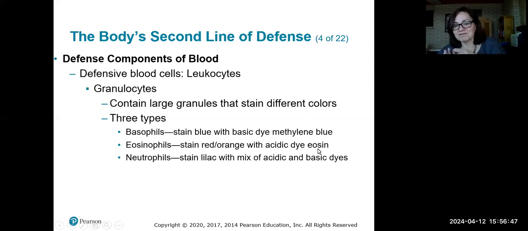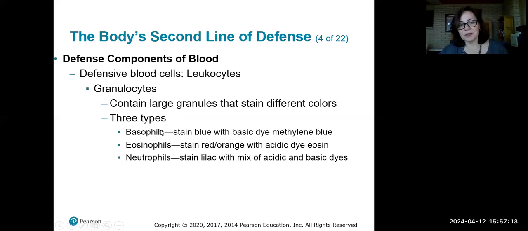The dye is called eosin, and so this one loves the eosin color, so it's called eosinophil. And then finally, the neutrophils are called that because they love both the basic blue dye and the acidic red dye. And so the base and the acid balance each other, neutral. That's where those names came from.